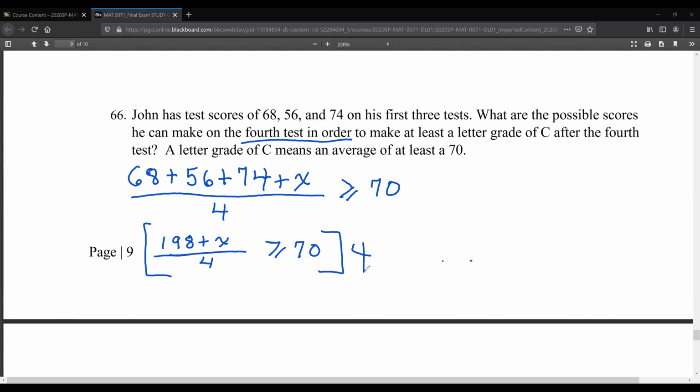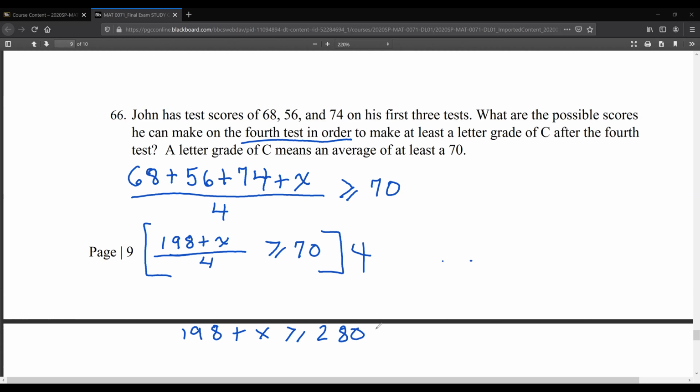And then once we multiply by 4, we'll have 198 plus X is greater than or equal to 280 because you're multiplying 70 times 4. And then it's a basic linear equation.